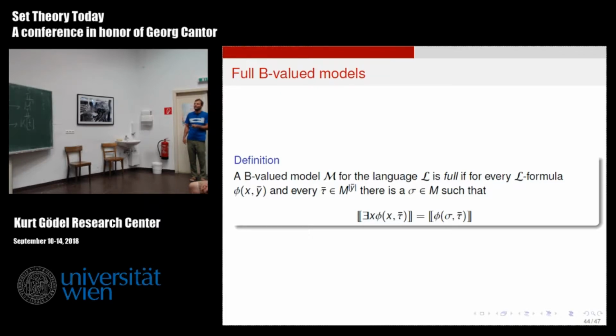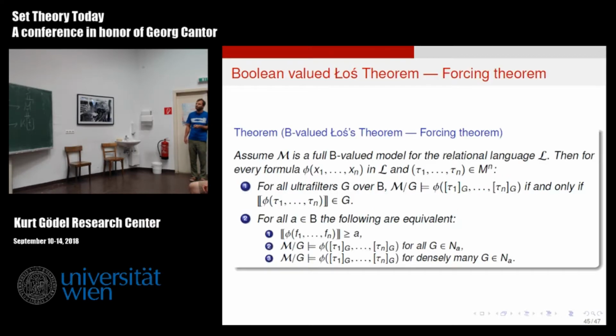So there is some name in the model for which the Boolean value of this is equal to that. Once you have this, you get the Boolean valued Łoś theorem, which is the exact analog of Łoś's theorem. It says a formula holds in the quotient structure if and only if the Boolean value of the formula belongs to G.